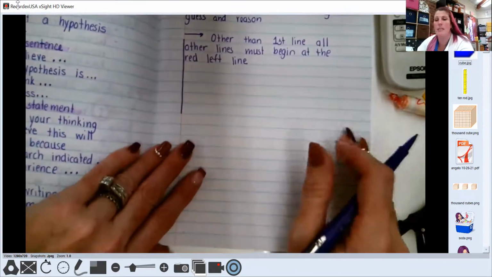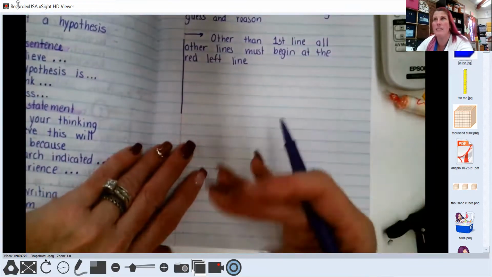So now I want to give you an example of what a valid hypothesis might look like.